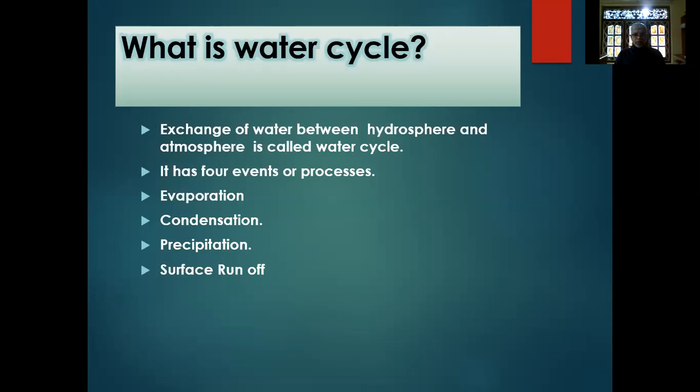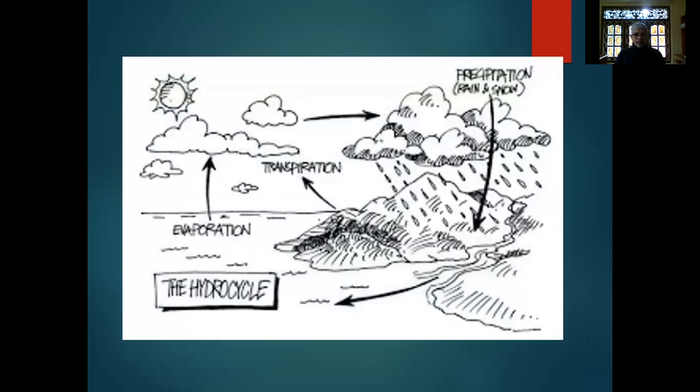After precipitation, the water again flows into the sea through waterways like rivers, streams, brooks. When the waters flow into the sea again, it is known as surface runoff. It is given in that manner, like a diagram. Then you follow that one also.